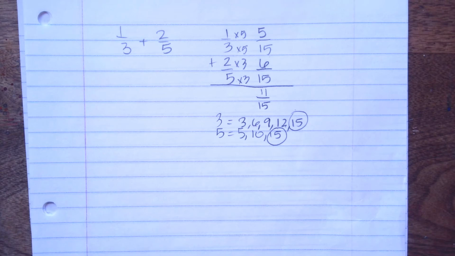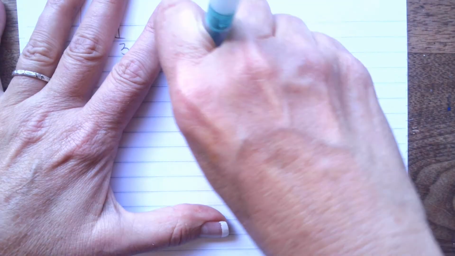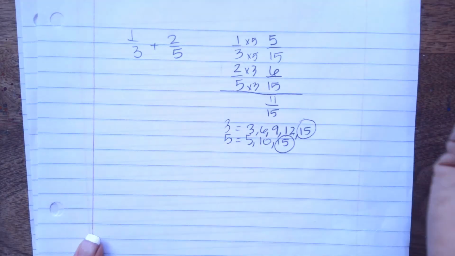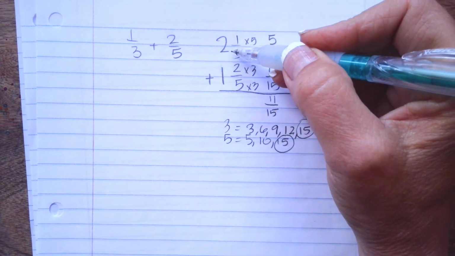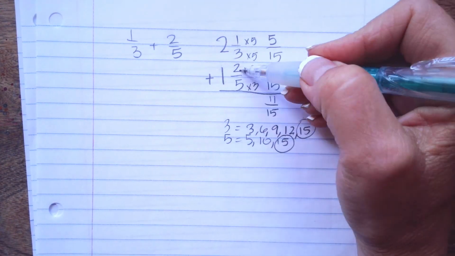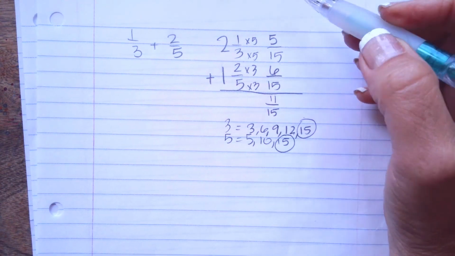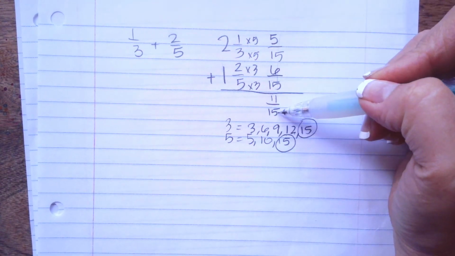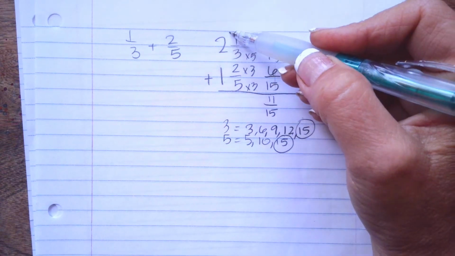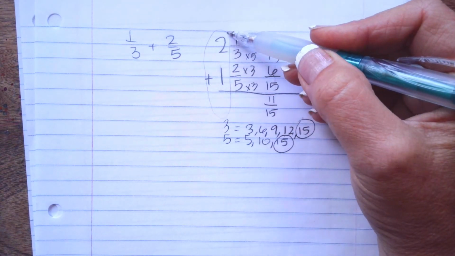Okay, sometimes you're going to see that instead of adding fractions, we're adding mixed numbers, which means this is 2 and 1/3, and this is 1 and 2/5, sorry. So we would do the same exact thing we did here, but our last step would be to add these whole numbers.